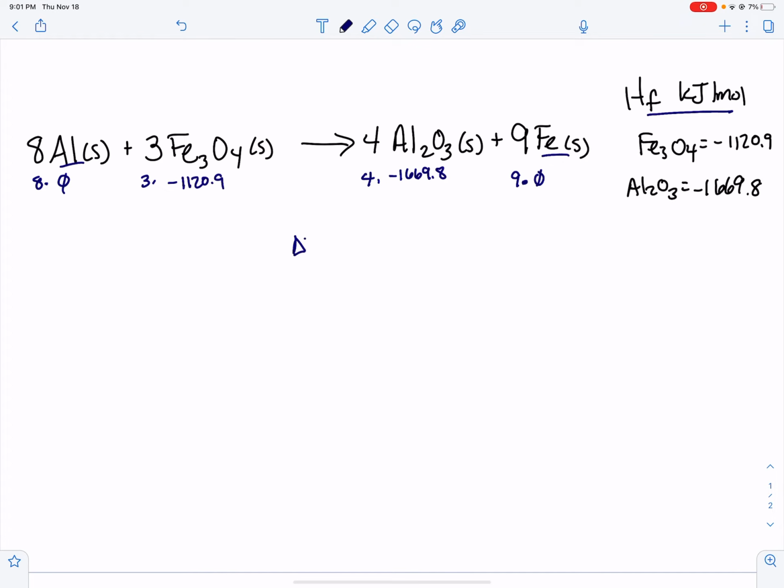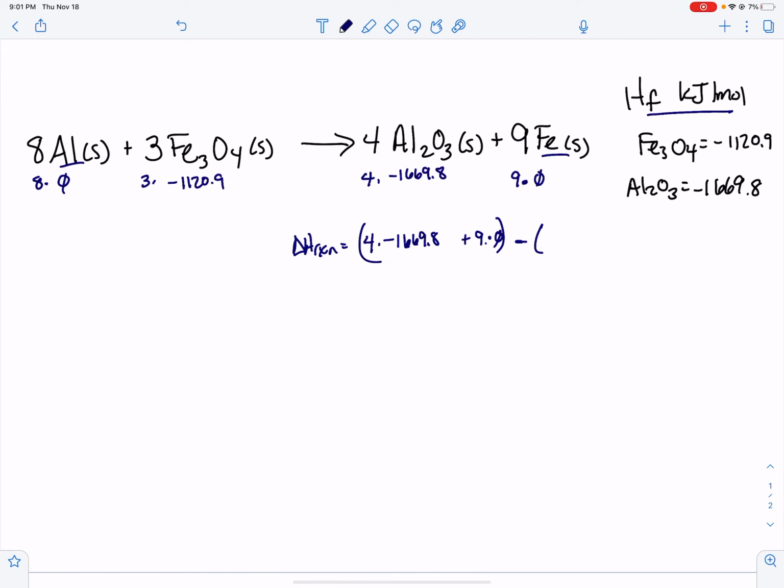So now we'll say H of reaction is equal to 4 times negative 1669.8 plus, basically it's 9 times 0. So that term doesn't really matter.